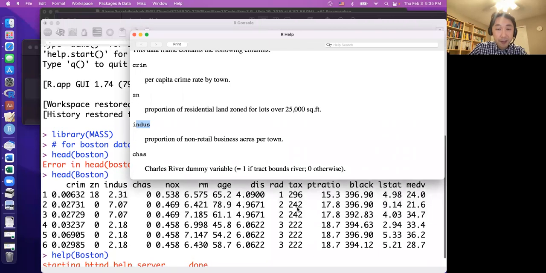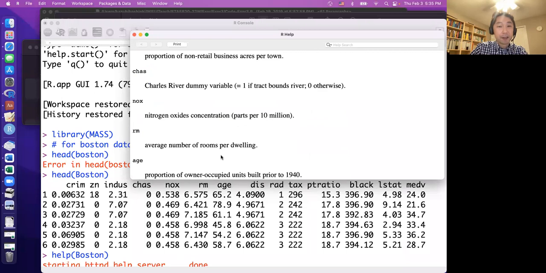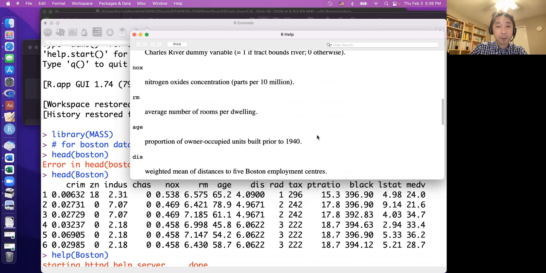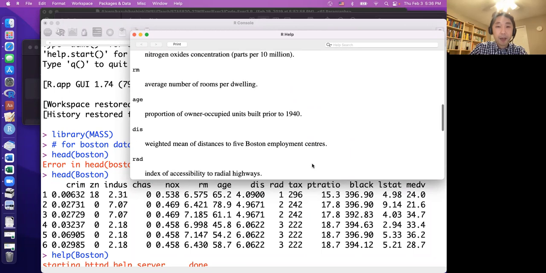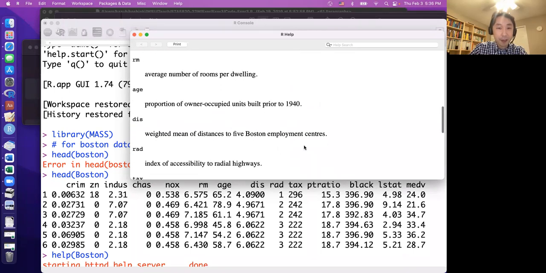The Americans prefer the waterfront property even if it has higher risk of flooding. And NOX is some environmental factor, the nitrogen oxide concentration. RM is the average number of rooms per dwelling. AGE is the proportion of owner-occupied units built prior to 1940, so the age of the building.